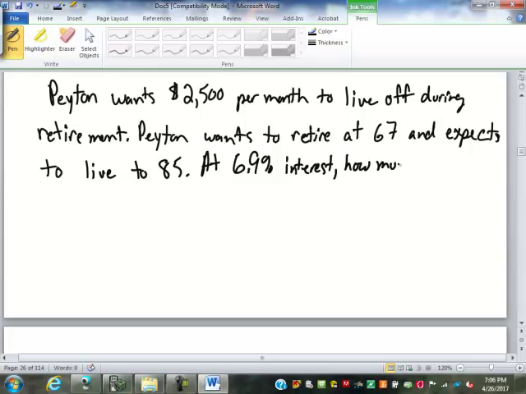How much does Peyton need to retire? In other words, what's that lump sum that Peyton needs at age 67 to retire?